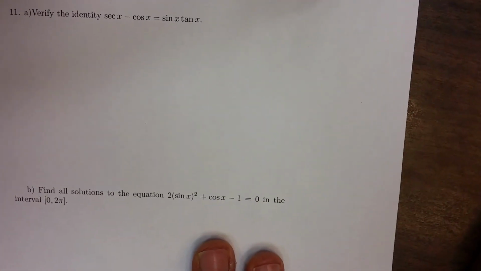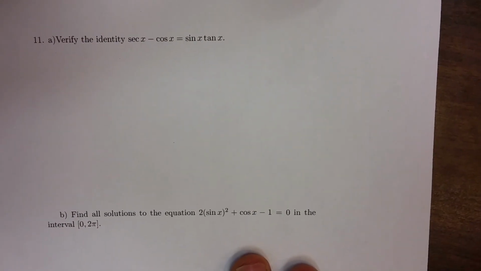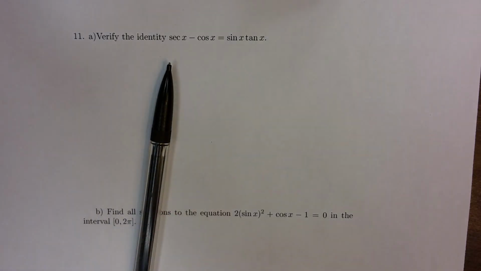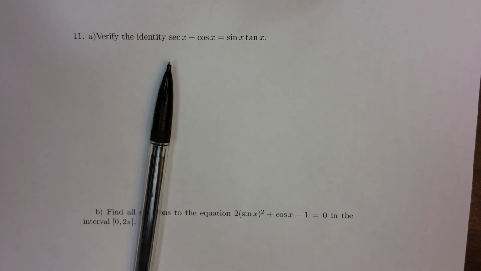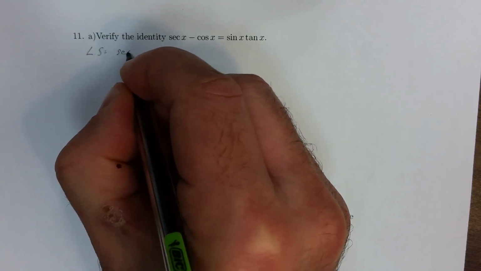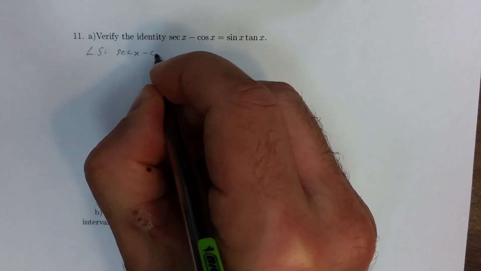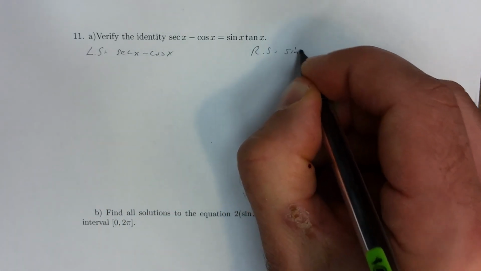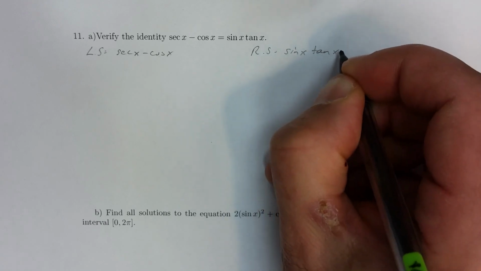And let's take a look at number 11. Verify the identity secant x minus cosine x equals sine x times tan x. So let's start with the left-hand side. So the left side equals secant x minus cosine of x, and the right side equals sine x times tan x.